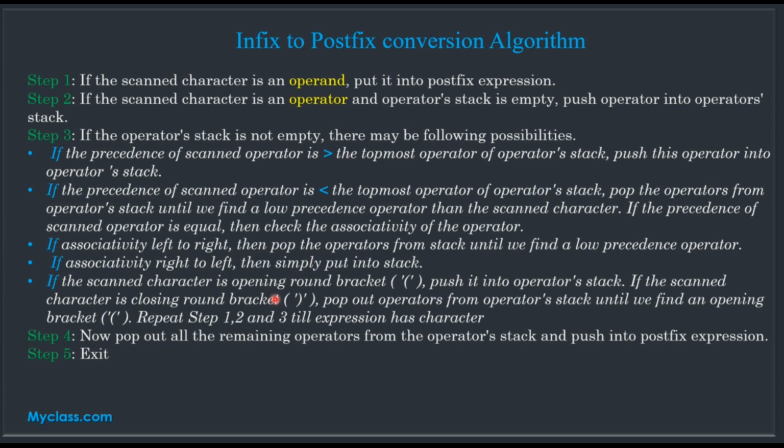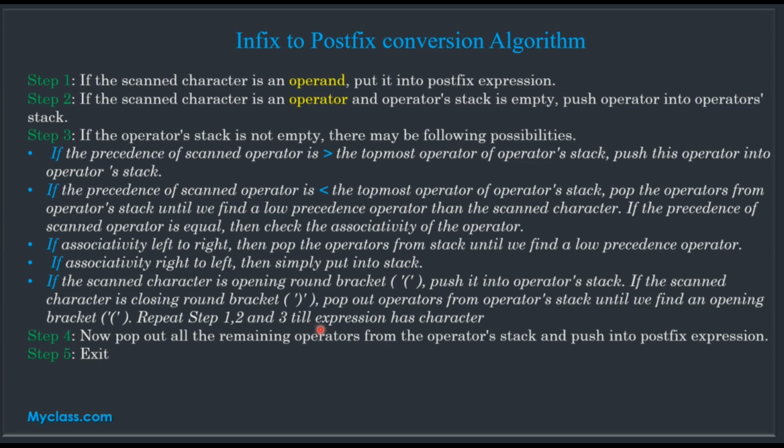The last thing is, if the scanned character is an opening round bracket, push it into the operator stack. If the scanned character is a closing round bracket, pop out operators from the operator stack until we find an opening bracket.